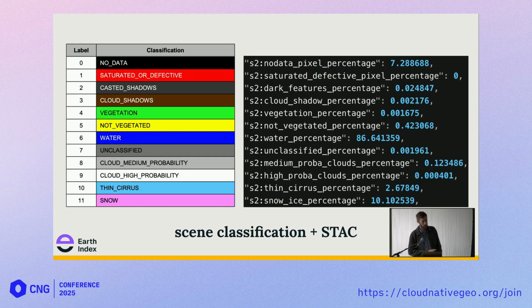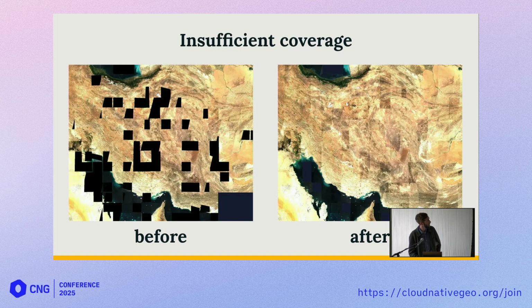We took advantage of Sentinel-2's scene classification attributes, which Earth Search makes available as STAC attributes, which is really nifty. So you can figure out, without even opening up the scene classification layer, is this a cloudy image? Is it a snowy one? You can find that out really quickly.